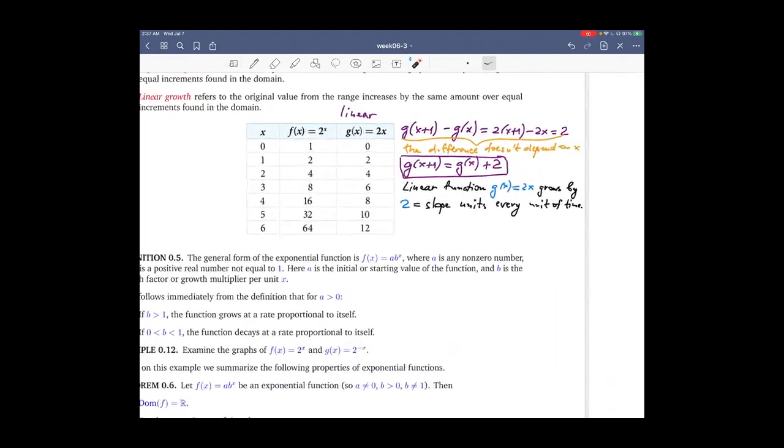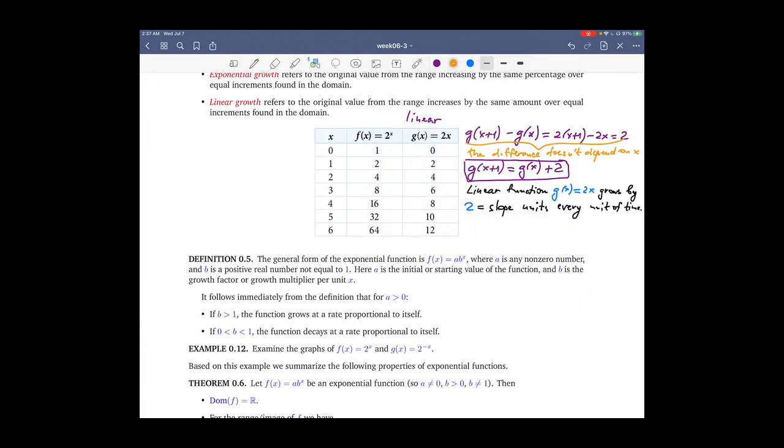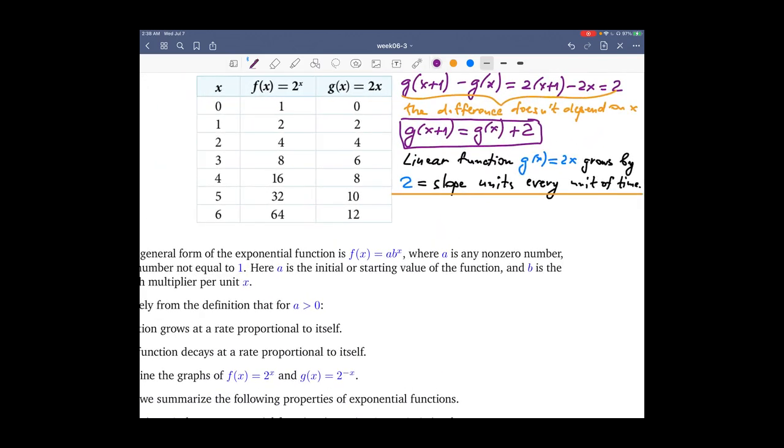What I mean by this is that if I were to compute f at time x plus 1 and divide it by f at x, that will be constant, independent of x.